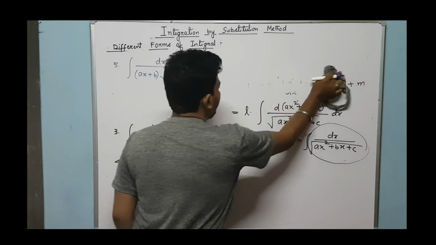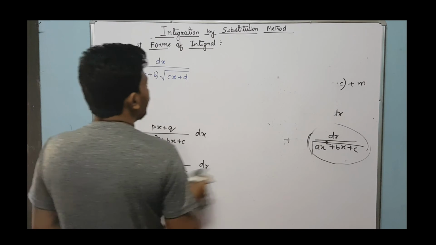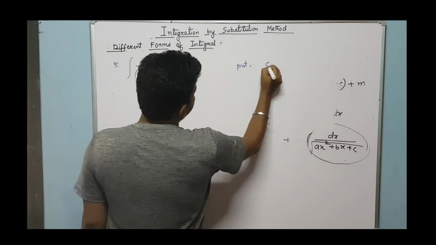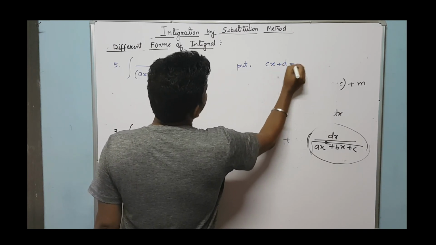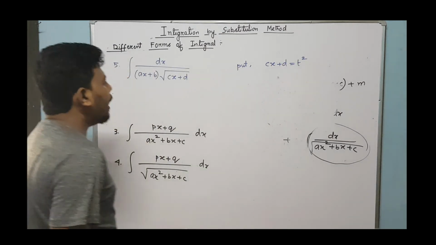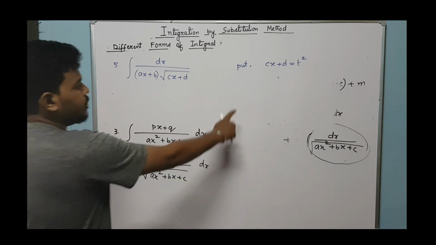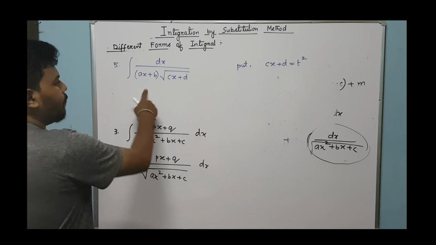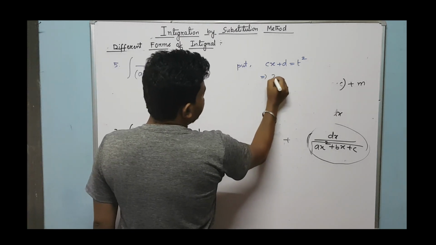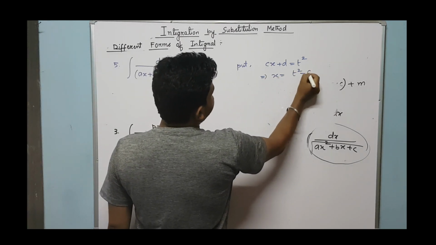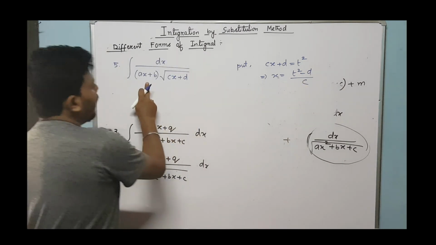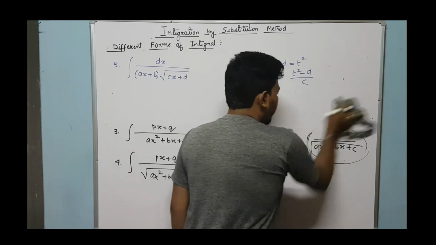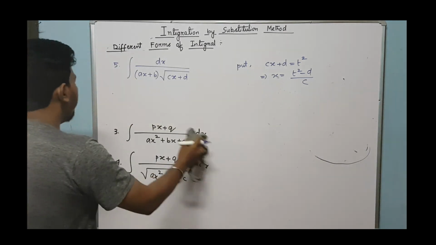In this case, we put cx plus d is equal to t square, and then we integrate. Differentiating this, we find the value of dx, and you place the value of x. Your x will be equal to t square minus d by c here, and we integrate the integral. This is your form number 5.